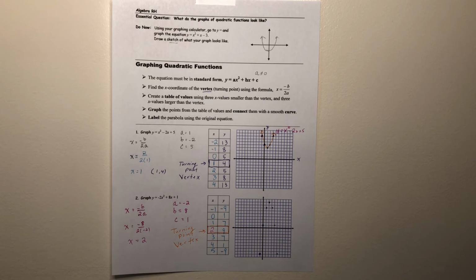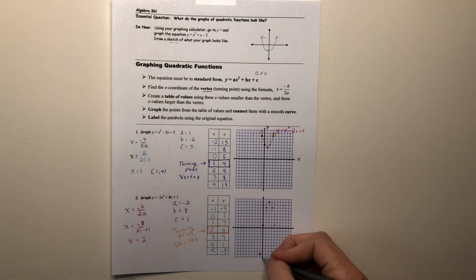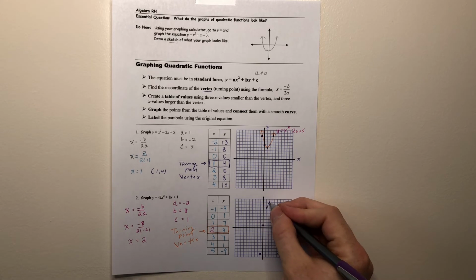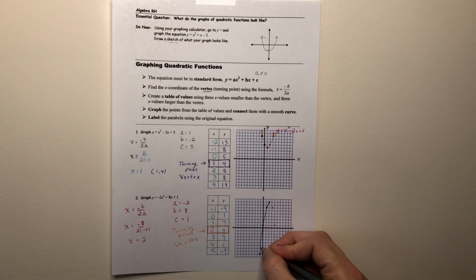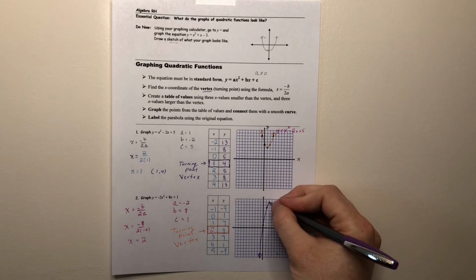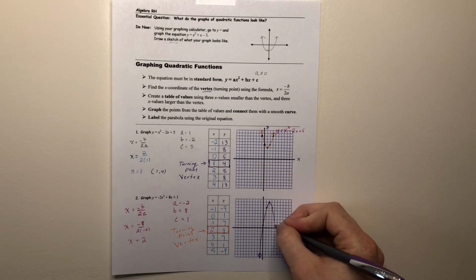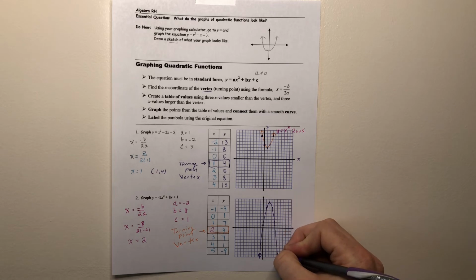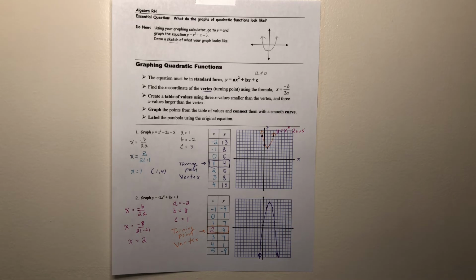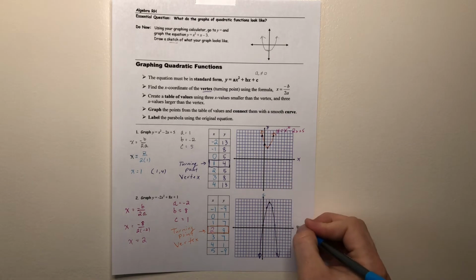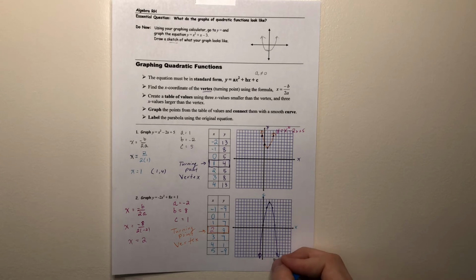Now, what do you notice about this one is that it opens up downwards as follows. So let's graph this. Try to be as smooth as you can. This one looks like it's upside down, and we're going to talk about that in just a second. Let's just label our axes real quick. And again, we label our graph y equals -2x squared plus 8x plus 1.